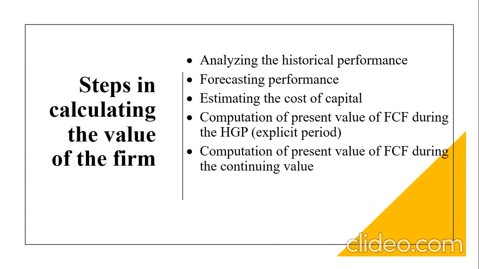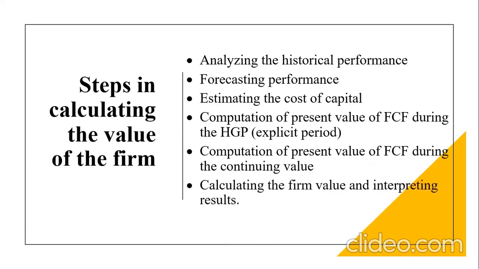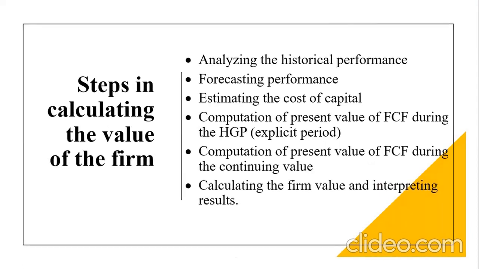The fifth step also involves computation of present value of free cash flows for the continuing value or terminal period. The last step, the sixth step, is calculating the firm value and interpreting the results.